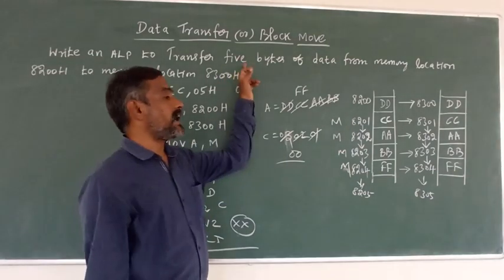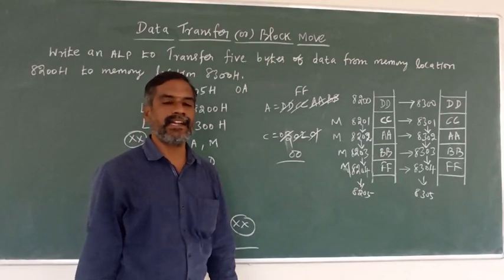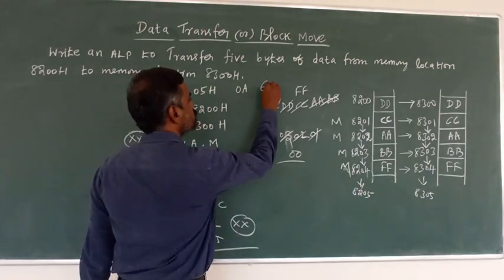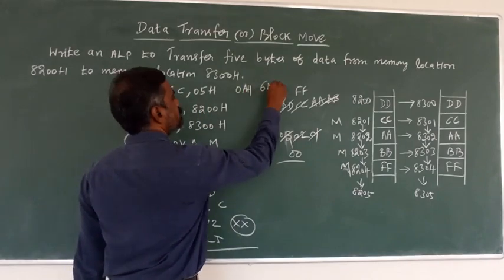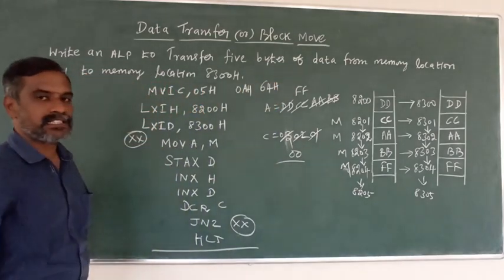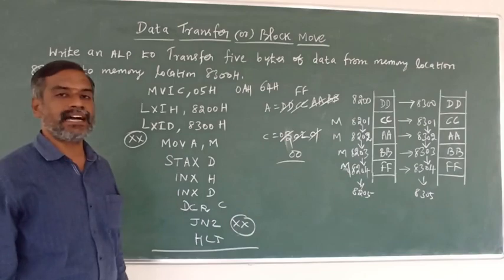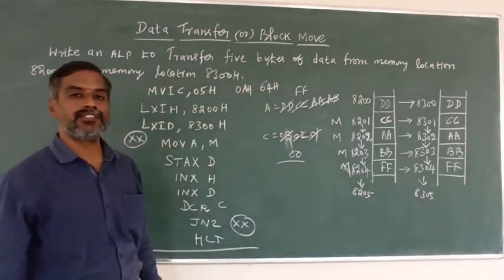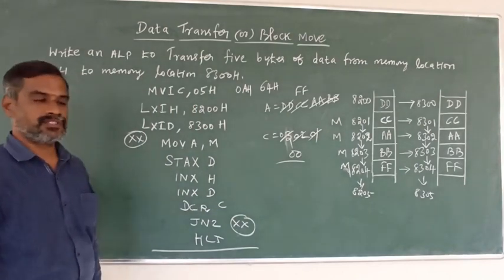Suppose to transfer 100 bytes of data, 100 in decimal has the corresponding hexadecimal value 64. We have to load 64 in the C register. Now it will transfer the 100 data from 8200 to 8300 memory address locations.